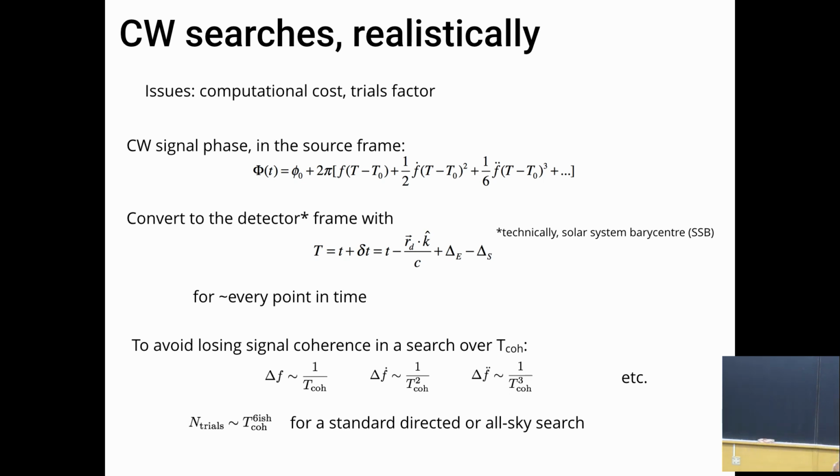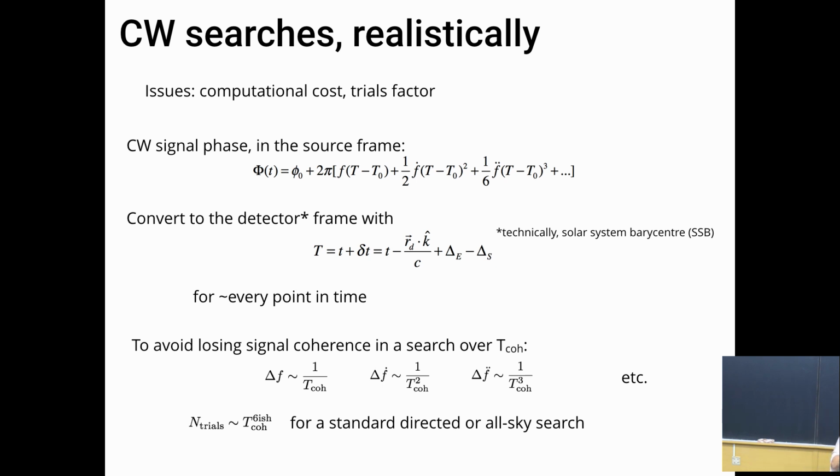And if you convert into the detector frame, then you need to do all of these conversions, right? Because, like I said, the signal at the source is relatively straightforward, sinusoidal. The signal at the detector changes as it's rotating and orbiting. And not only that, you have to do all these relativistic corrections, like we talked about, the Shapiro delay, and gravitational redshift and time dilation.